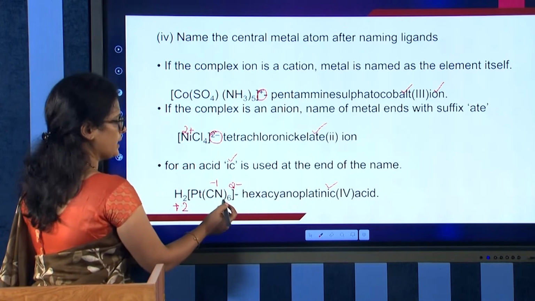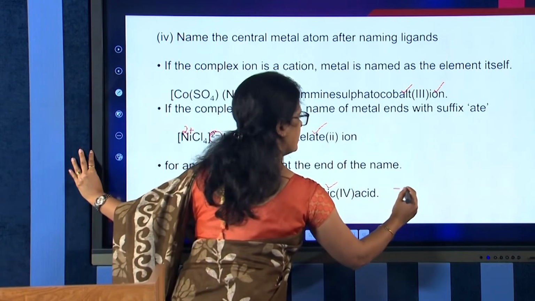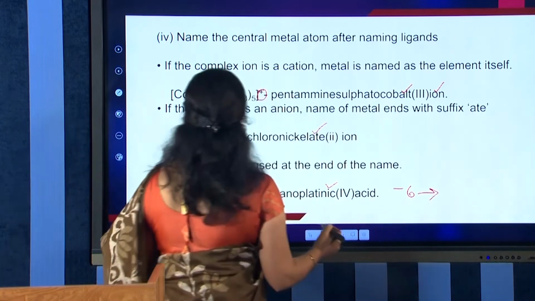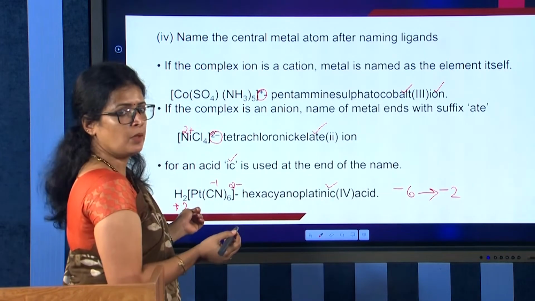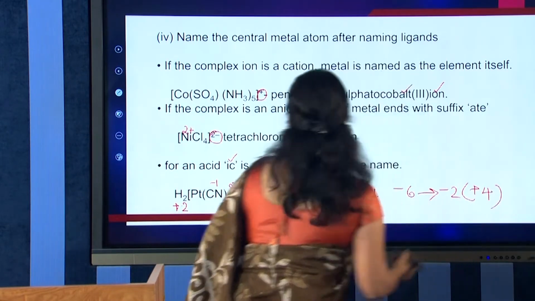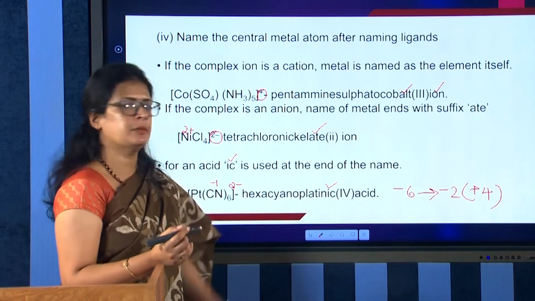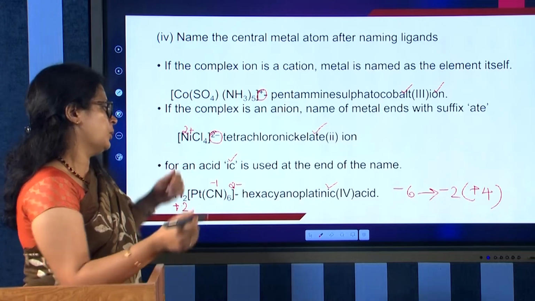So this -6, from 6 cyanide ligands, has to become -2. Then platinum should have the oxidation state of +4. That is why the oxidation state of platinum is 4, and that is why it is platinic (IV) acid. Okay.